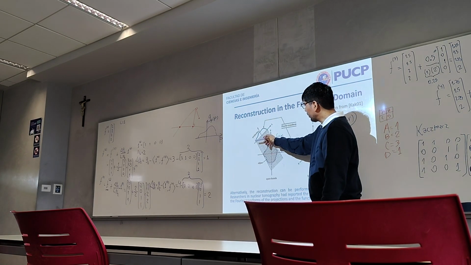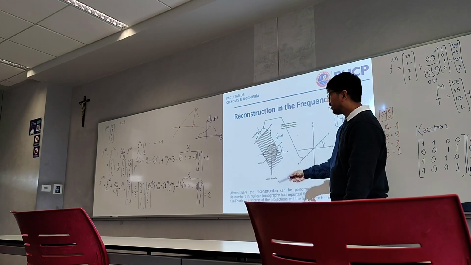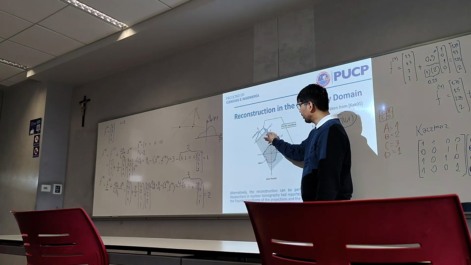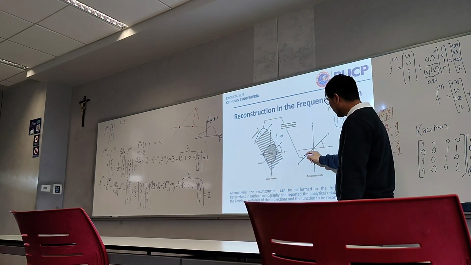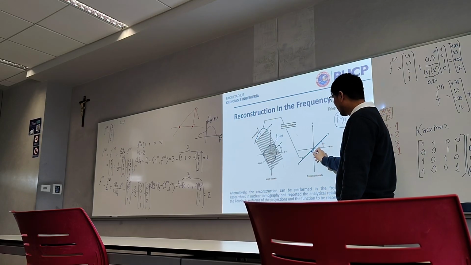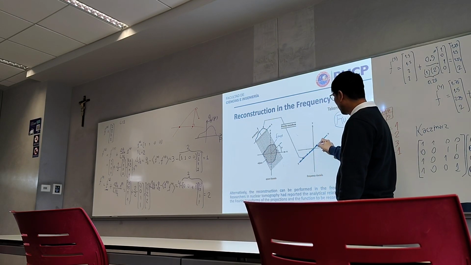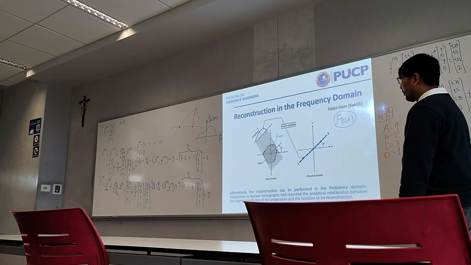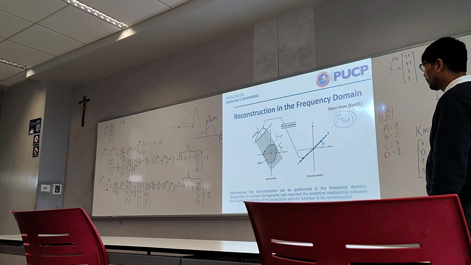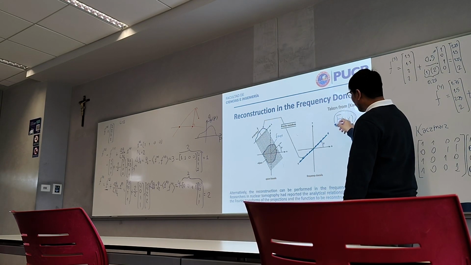For the first projection, if we take the Fourier transform in one dimension, because this is a curve, we will obtain the values of the Fourier transform across this line, the sample points across this line. Of course, that's not all.